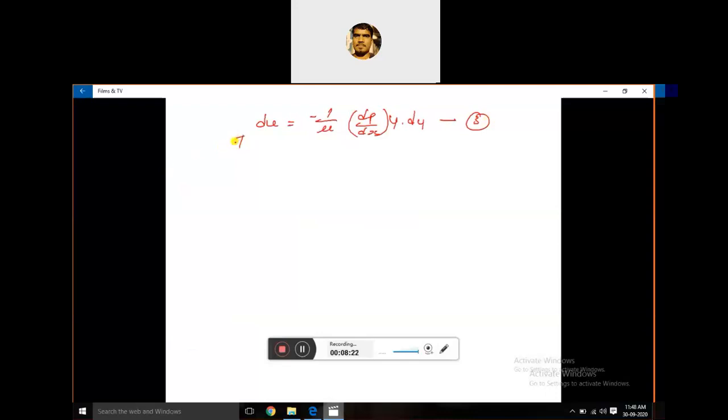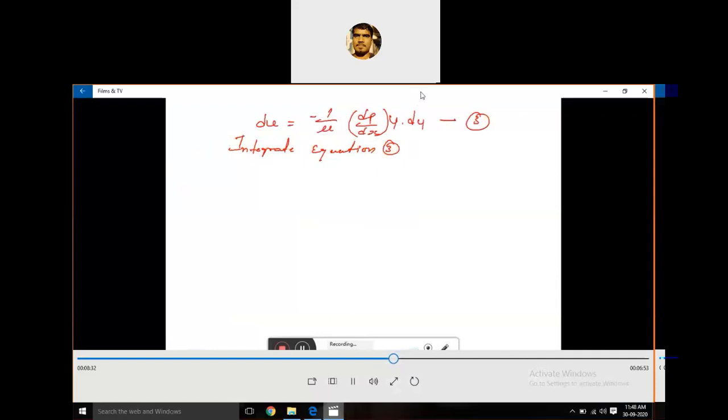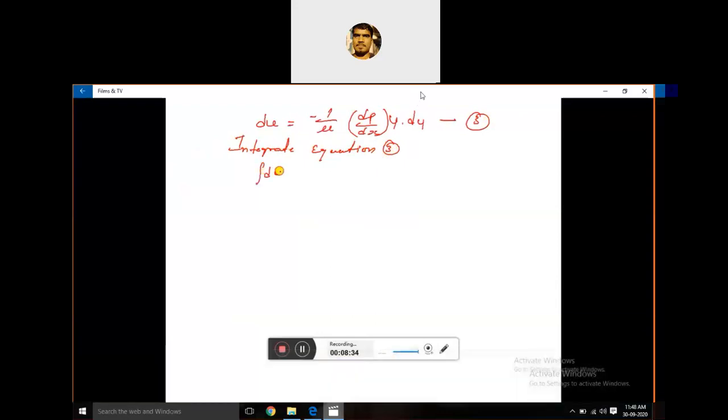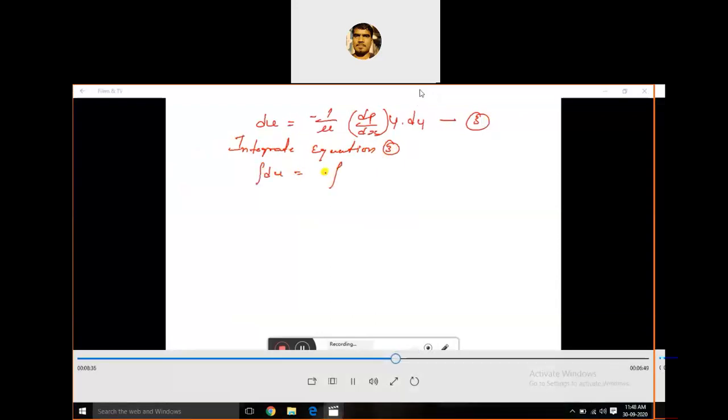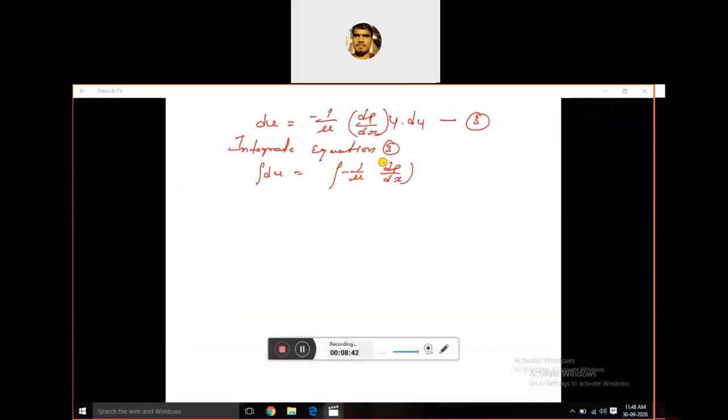We get the value of u, velocity. Just applying the integration for the above equation 3.